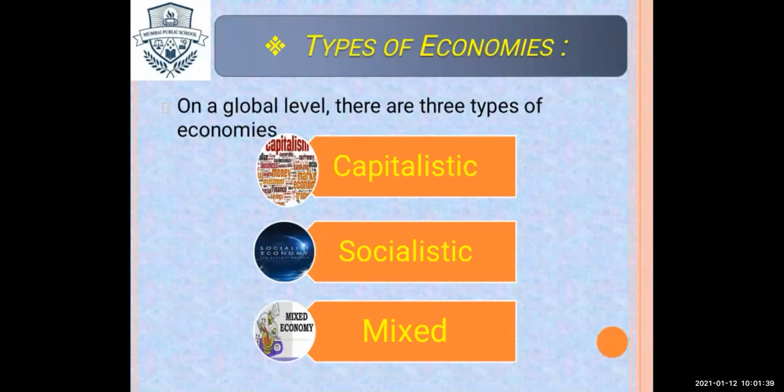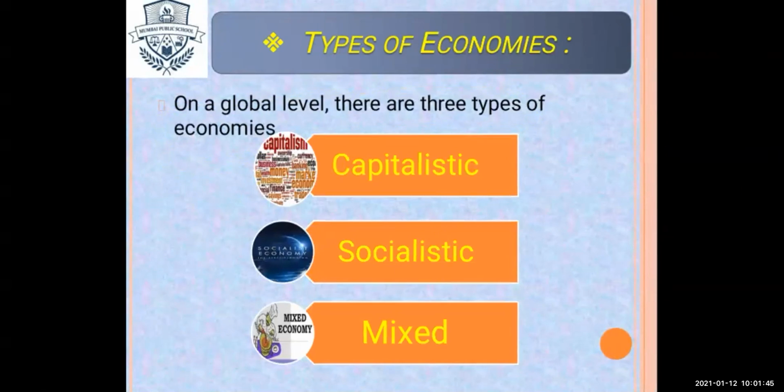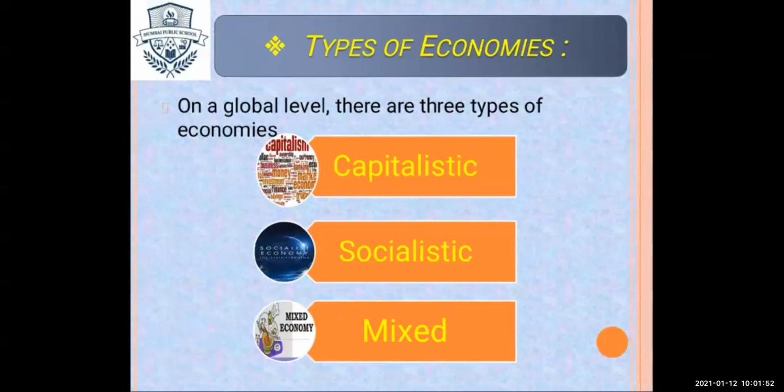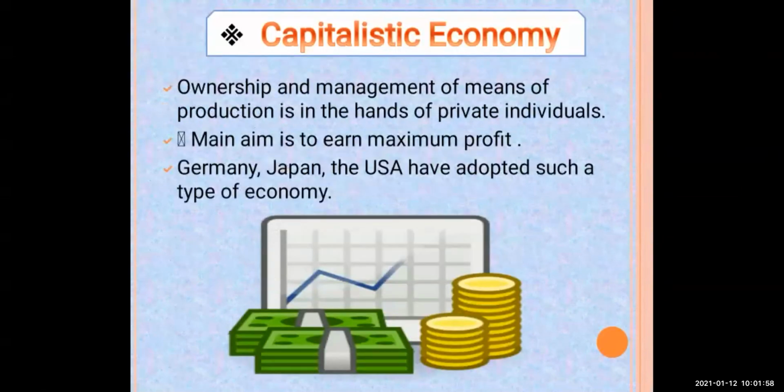After that, we studied three types of economy. First is capitalistic, second socialistic, and third is mixed economy. Now let's go through what each is. First, the capitalistic economy. Capital itself tells you it is related to money.